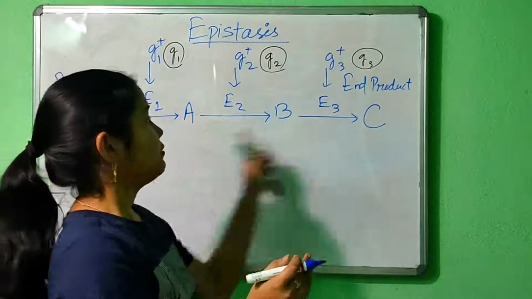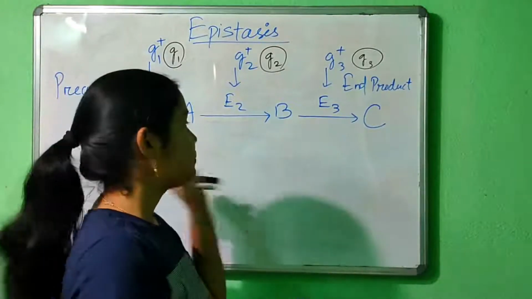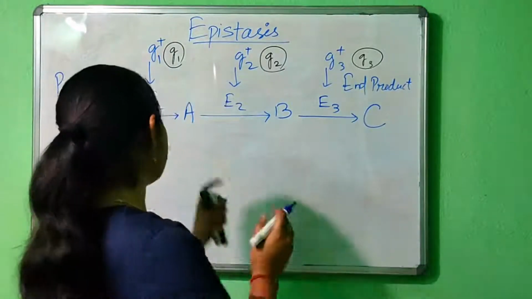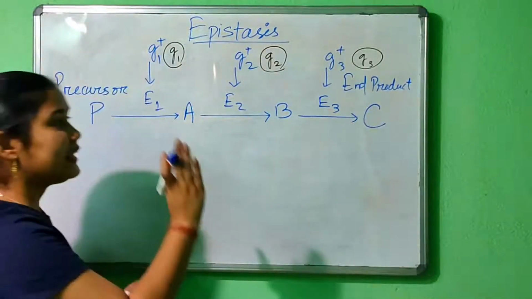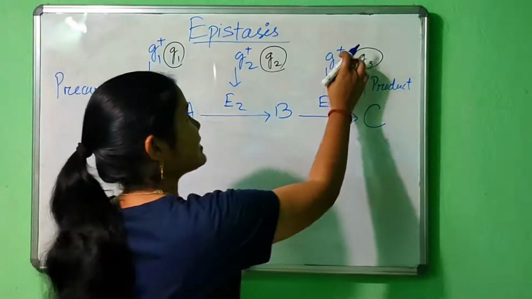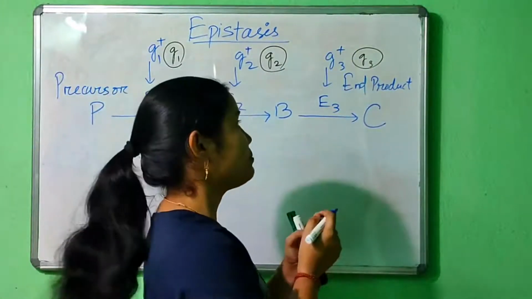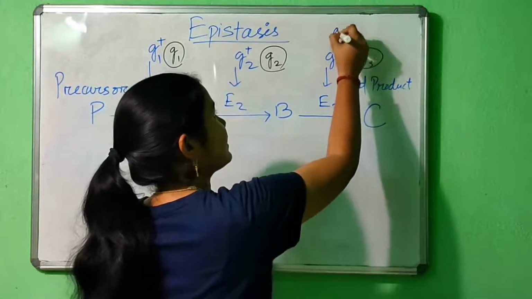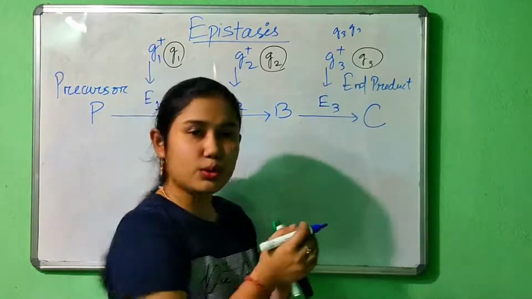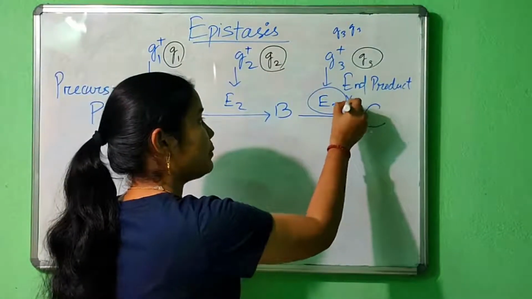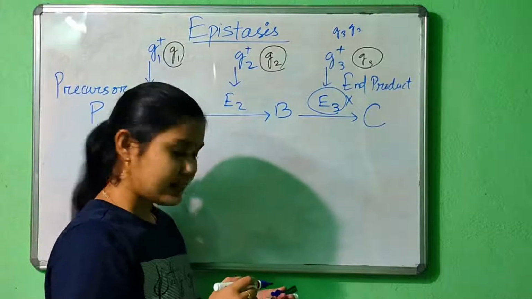and the biosynthetic pathway is taking place normally. Understood? Now, if this G3 plus becomes homozygous recessive, then what happens? The production of this enzyme will be hindered, right?